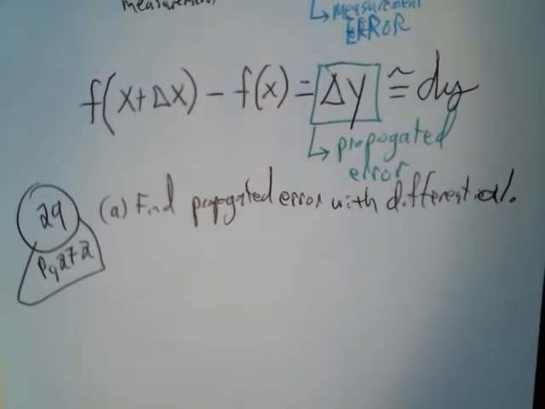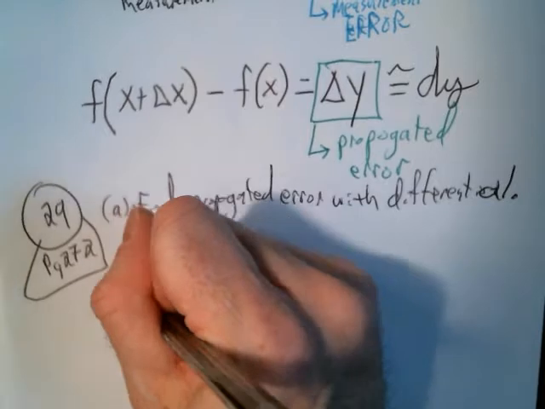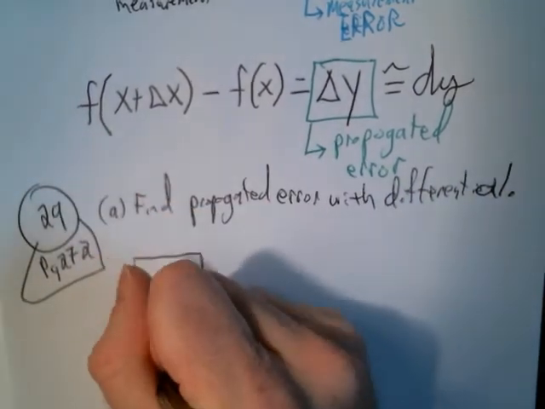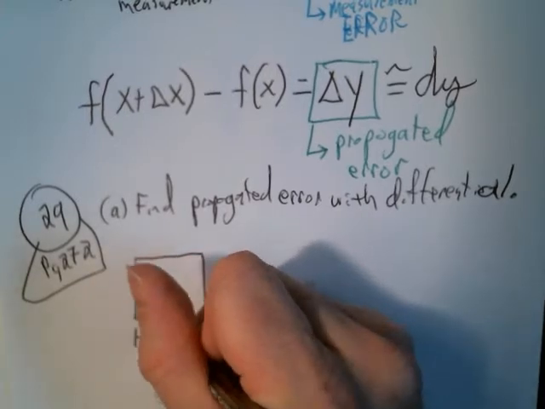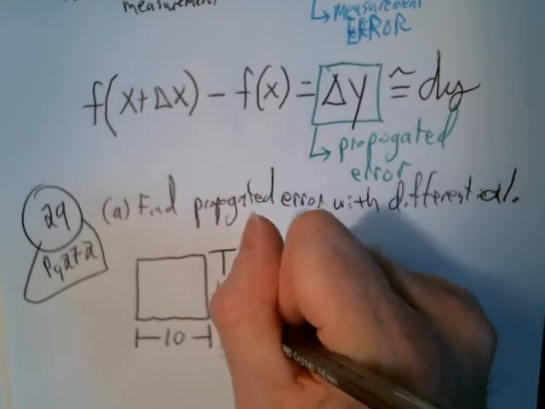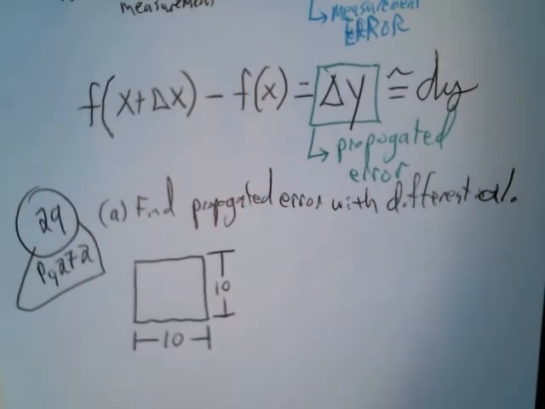Okay. Let's draw a picture here. So we have a square, and we want our actual measurement to be 10. Well, the actual value is supposed to be 10. And then it says a possible error of 1/32 of an inch.